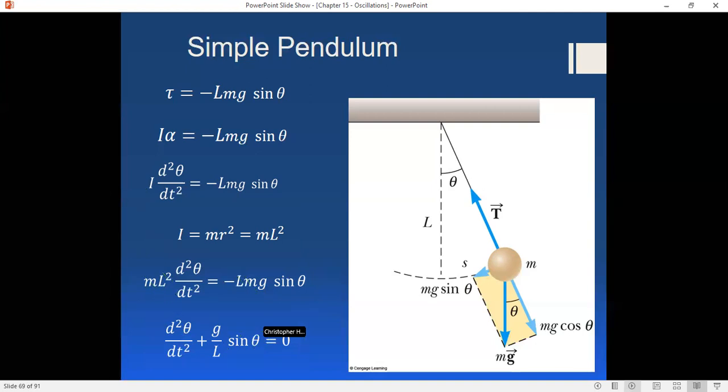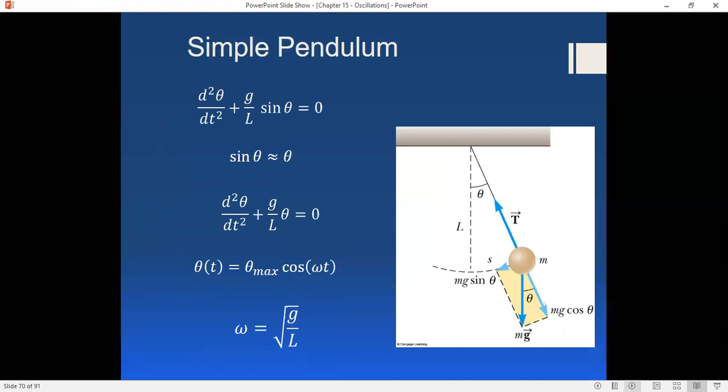All right, so let's do the small angle approximation. Let's say, because this differential equation is really, really hard to solve, instead of having our sine theta, we're just going to replace that with theta, and that's going to make the equation linear.